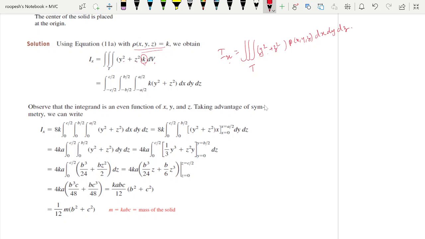Since here rho(x,y,z) is a constant, we can easily calculate this integral. Hope you understood how we have calculated this.